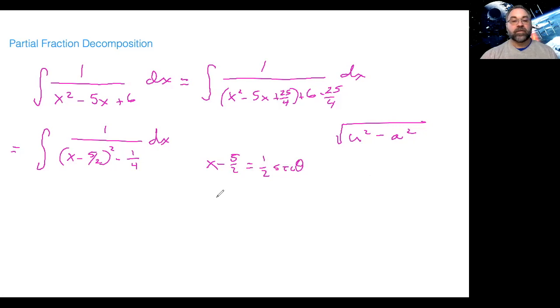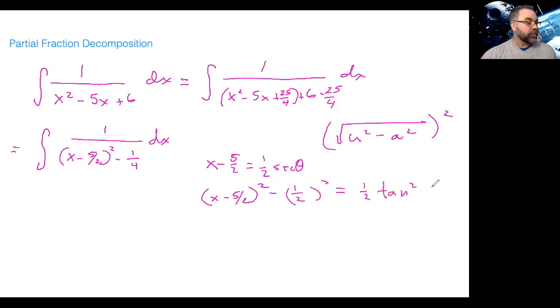And the square root of u squared minus a squared, we don't actually have that in the denominator. We have that squared, right? And remember, the square root of u squared minus a squared is a tan theta. So in this case, x minus 5 halves squared minus 1/2 squared is equal to 1/2 squared tangent squared theta.